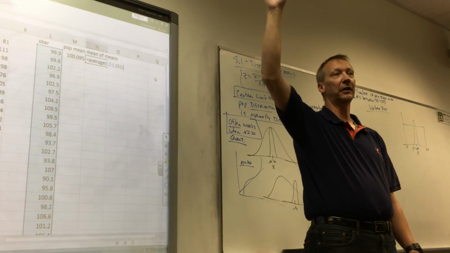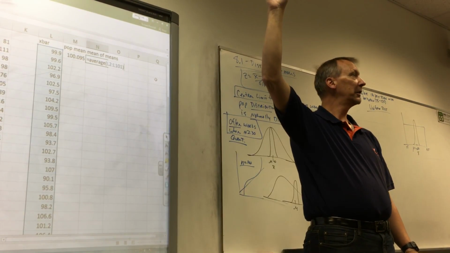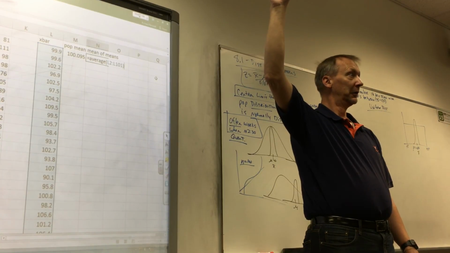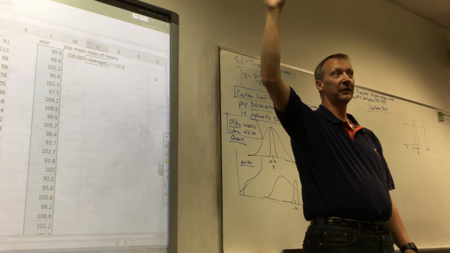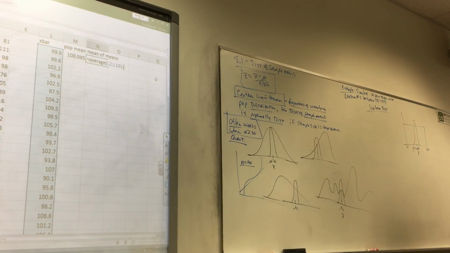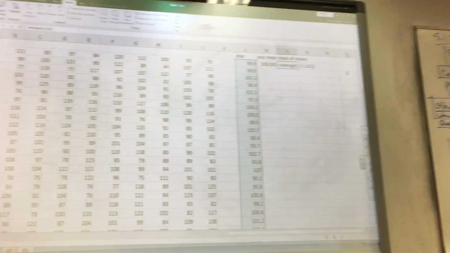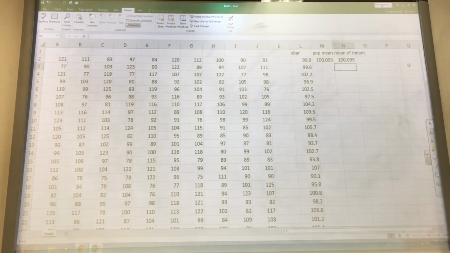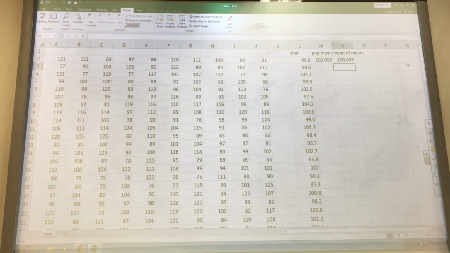Who thinks it's going to be lower? Nobody? 1. Who thinks it's going to be the same? 3, 4, 5, 6. Who didn't vote? People who didn't vote definitely got it wrong. Drum roll here. It's exactly the same. Is that not cool or what?